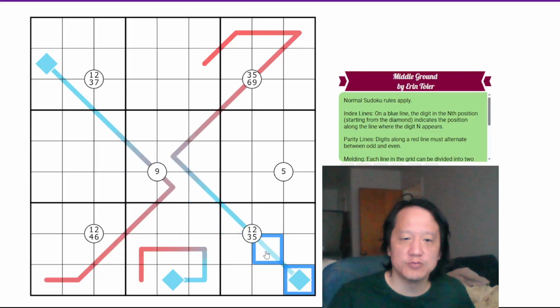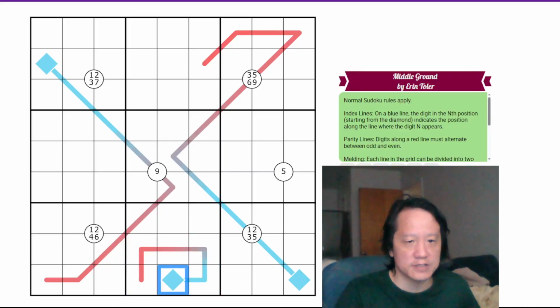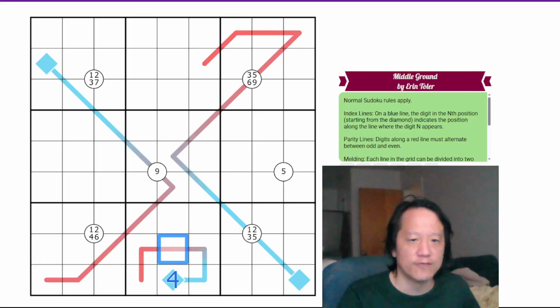Say this was one long index line. Then you could have something like 4 here, which indicates that in the 4th position must be a 1. Because the digit 4 is in the 1st position, and it indicates along the line where the digit 1 appears, which is the 4th position.